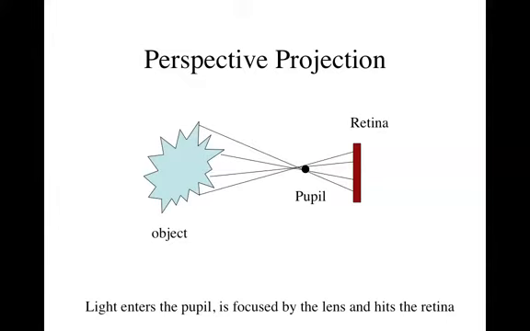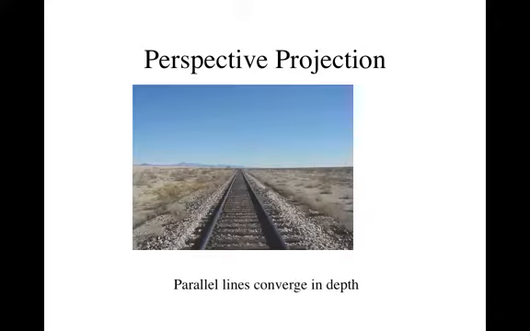And so your visual system can use the increase in size in order to figure out just how far away an object is from you. So, as we can see here, your visual system does actually use this as a depth cue. When train tracks recede in the distance, they look like they're converging. And the reason they look like they're converging is because the image of those as they get farther away from you is smaller on your retina.